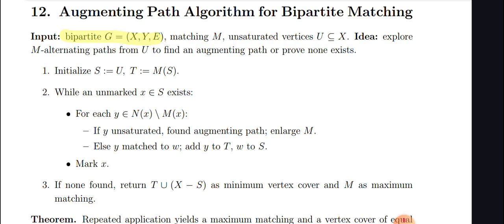Why not? Think about it. If we have an edge from a reachable vertex x in S to a vertex y that is not in T, what does that tell us about y? Well, y must be unsaturated. Because if y were saturated, it would have a matched partner, say z. And since x is in S, our alternating path search would have explored the edge to y, and then the matched edge from y to z, which would have put y into T and, by definition, put z into S. The only reason y isn't in T is if it has no matched partner to continue the path.